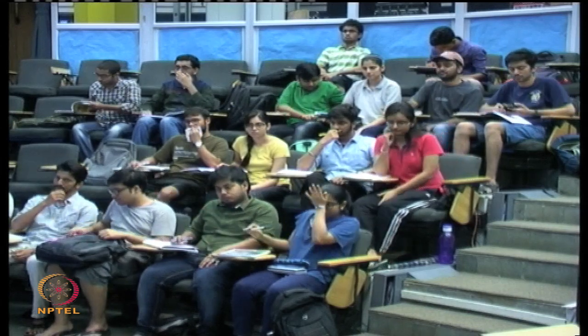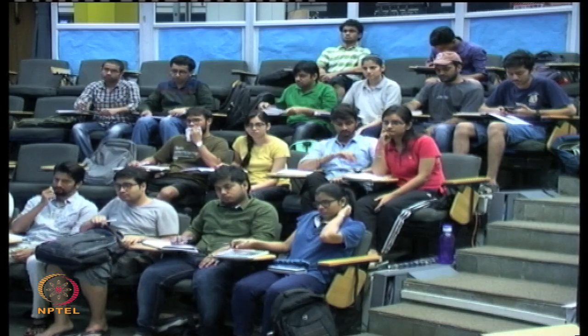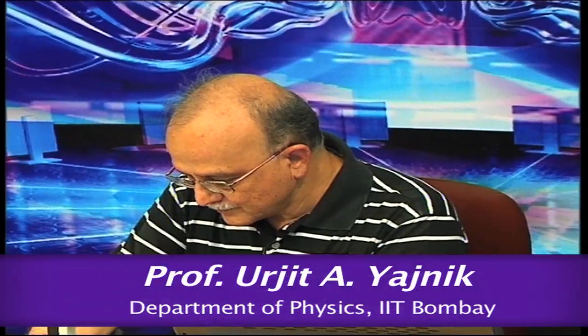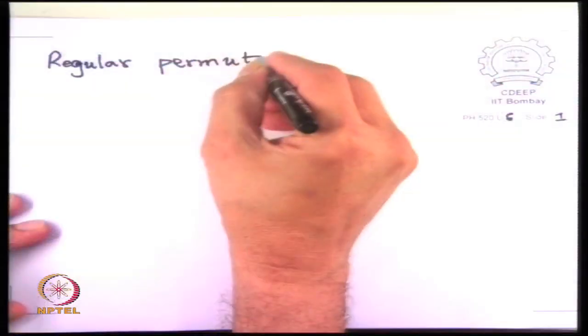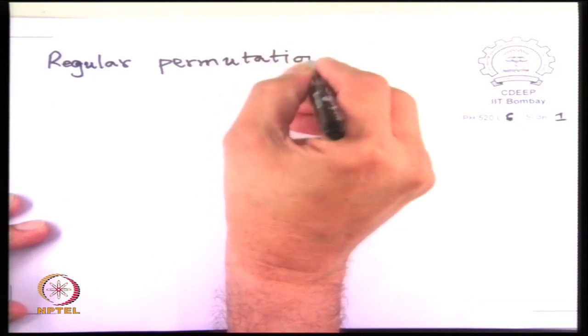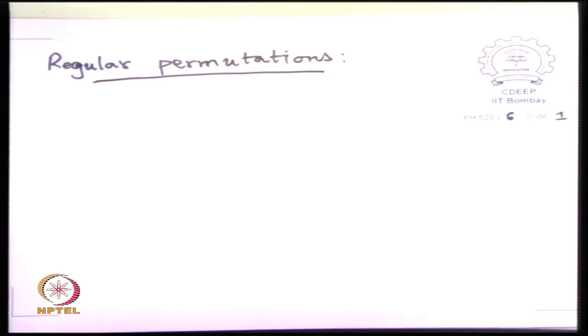But I wanted to continue with, so let me start by calling it regular representations or regular permutations. So this, I personally find it a little difficult to register things.